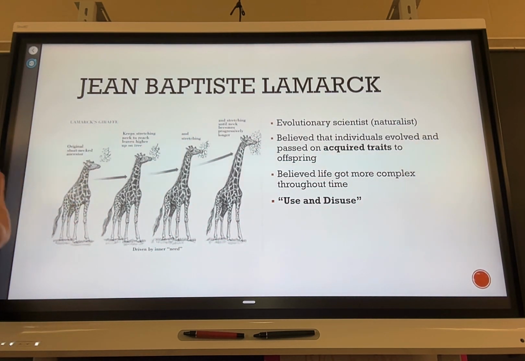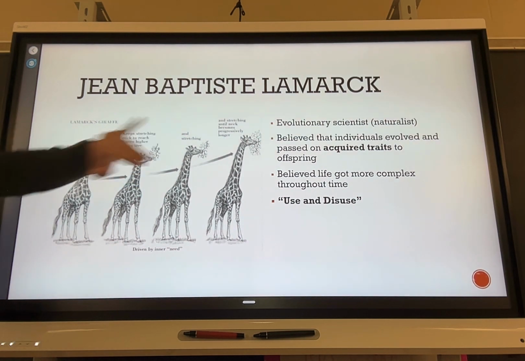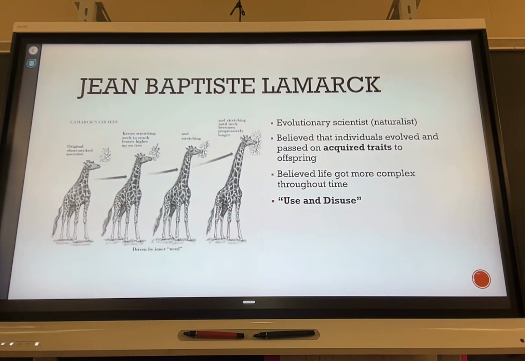So you can see over here we have Lamarck's giraffe. Originally they started with short-necked ancestors, and over time they just kept stretching their necks even higher and higher and higher until eventually they reached the leaves that they wanted to eat. So this drive was fueled by their need to eat the leaves on top of the tree.